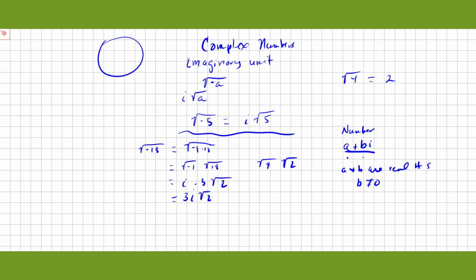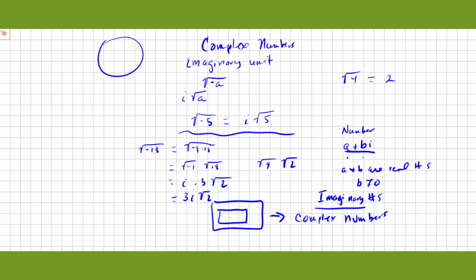So imaginary numbers and real numbers, they make up the set of what are called complex numbers. So real numbers and imaginary numbers together make up the set of complex numbers.